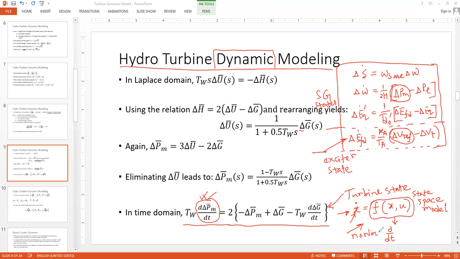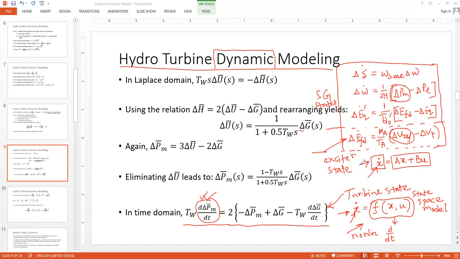So this was the nonlinear model. The linear counterpart was something like this: x dot equals Ax plus Bu. Similarly, on the left hand side we have the d by dt operator, however, on the right hand side we don't have any d by dt operator.